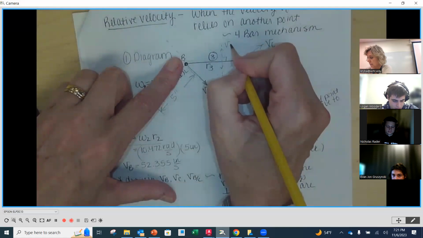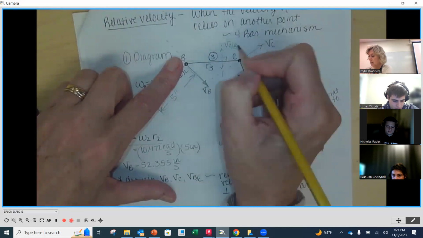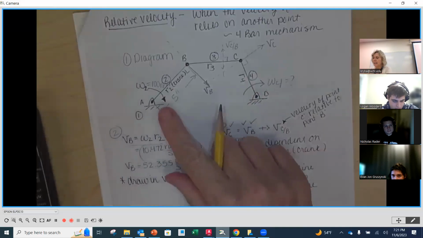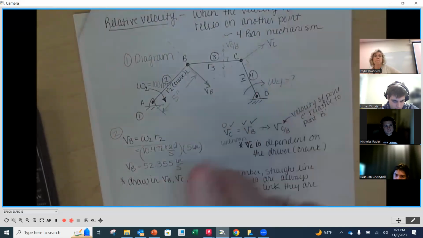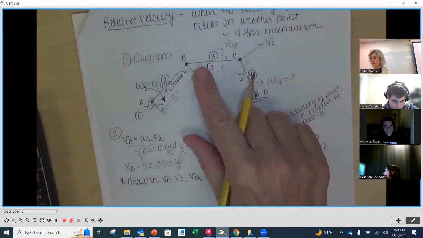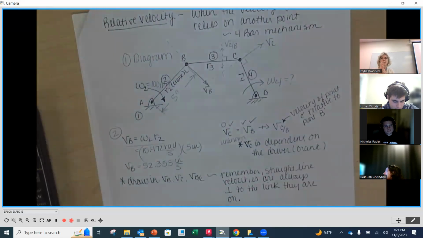So this is going to be our velocity of C relative to B direction wise. So as we look here at these lines that we just sketched in, think about CAD, right? I need to draw my diagram to scale at the right angles. So now I can use CAD to put these directions in perpendicular to, and when I know magnitude, I can draw them to length, right?